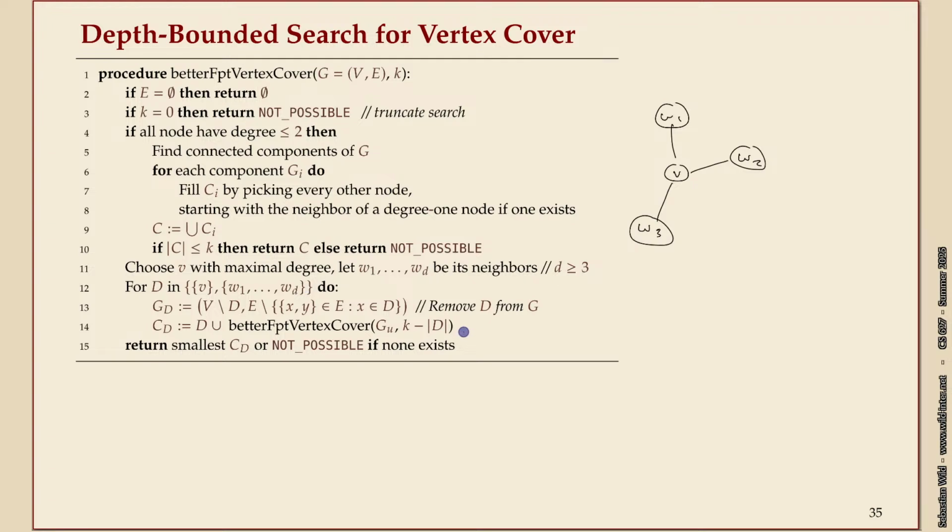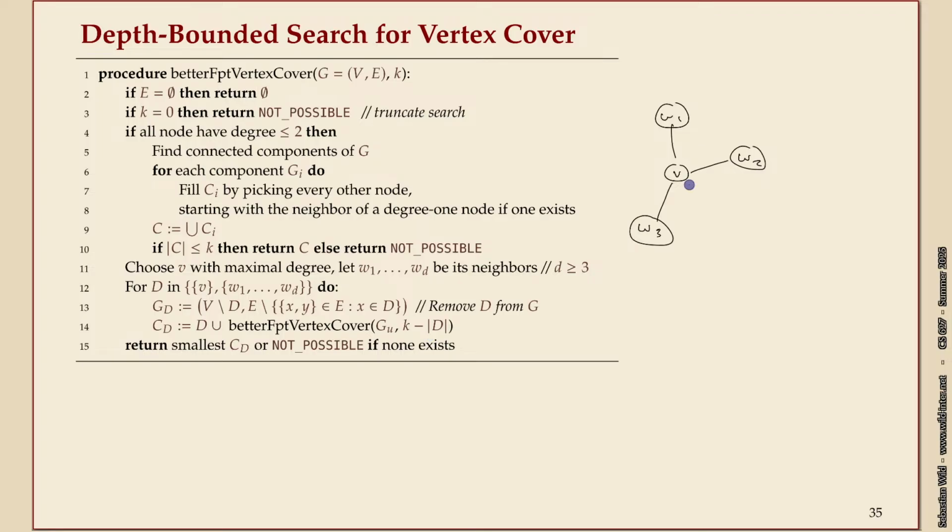And I'm trying to solve recursively the problem where now the graph has some vertices removed, and also the parameter is reduced. By how much? Well, by how many vertices I add to the vertex cover, or the potential vertex cover.